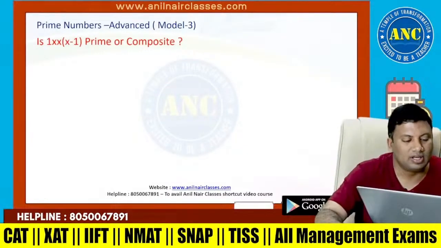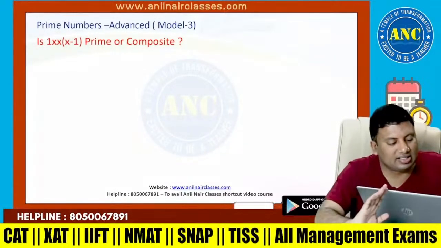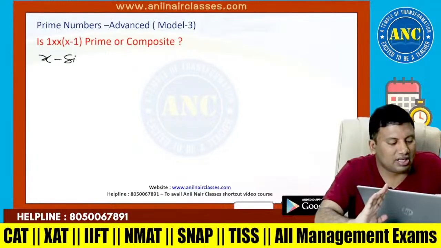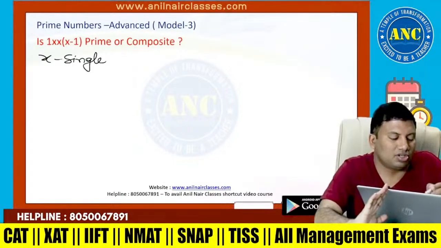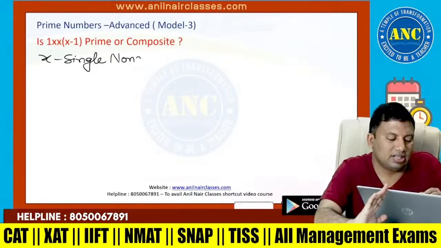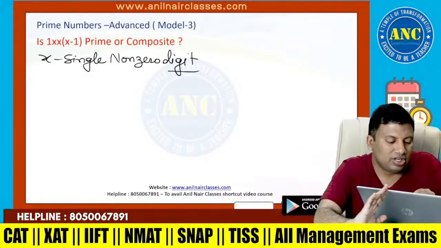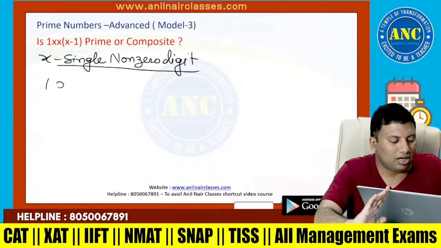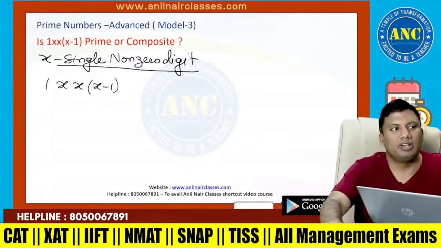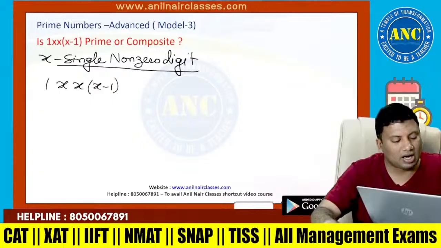Another good question. 1x, where x is a single non-zero digit. Any number of the form 1x and x minus 1, whether this number is prime or composite.